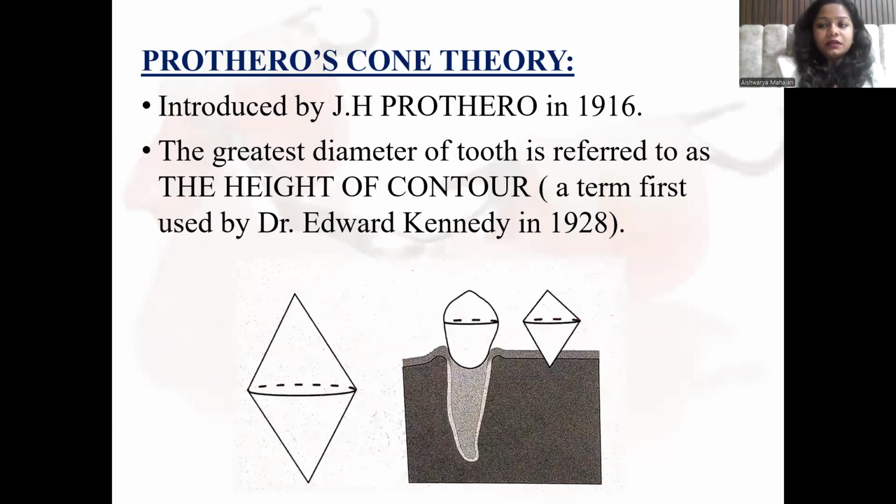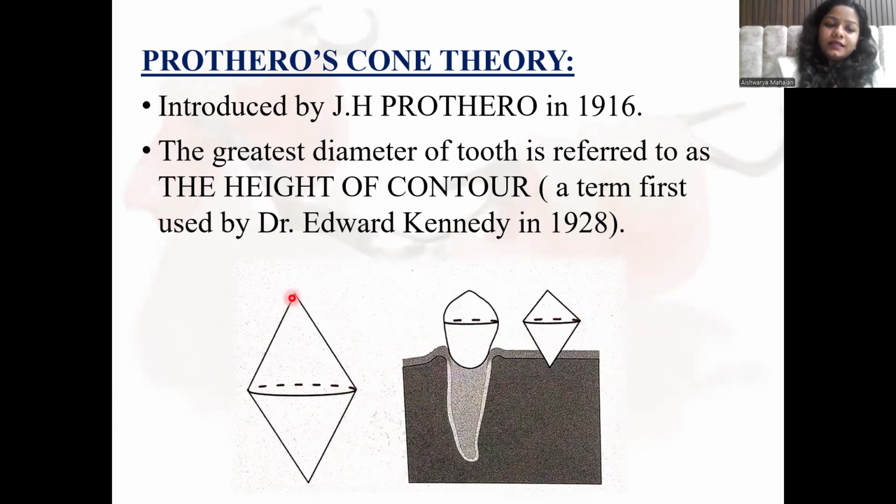There is another concept which is known as Prothero's cone theory, which was given by J.H. Prothero in 1916. He suggested that the contour of a clinical crown resembled two cones that share a common base.